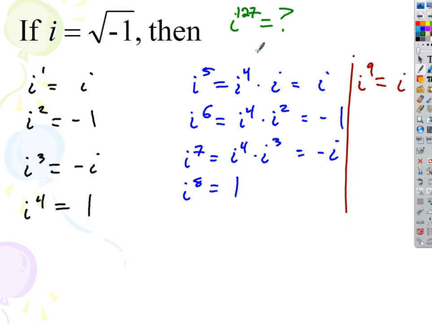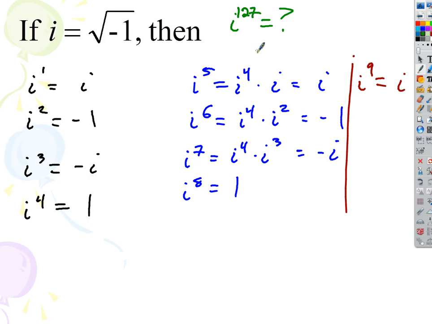So i to the 124th is what? i to the 1, because 4 divides evenly into 124, and so that would mean that it's at the bottom of one of these cycles.